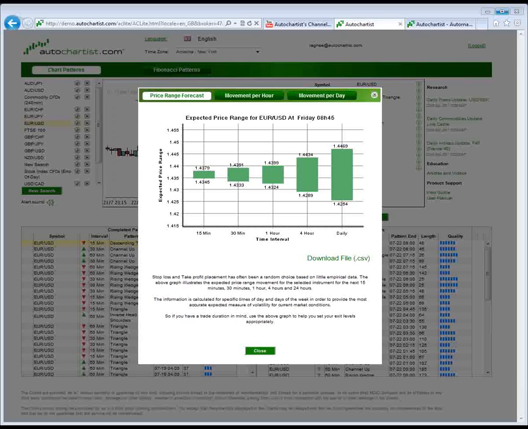When could I expect the pattern to break? Is it realistic for the pattern to break in the next 15 or 30 minutes? Again, you can utilize the expected price range and get a better idea of how realistic it is in terms of the pattern and how realistic it may be that you can capitalize on that trade, on that entry.